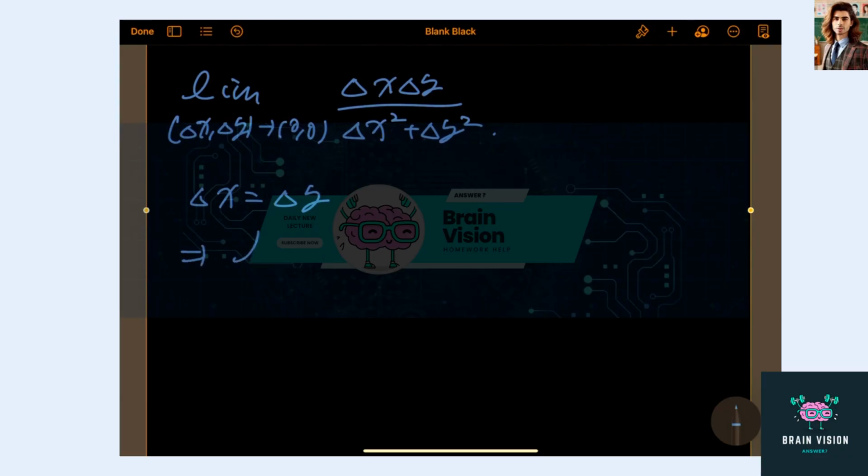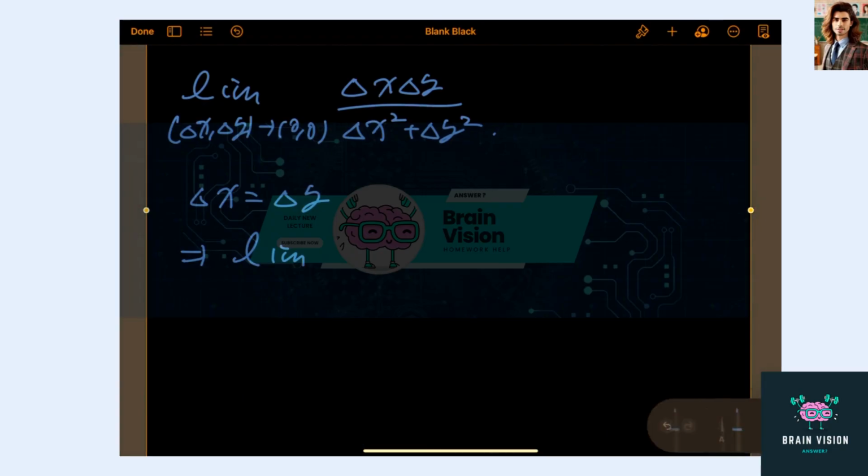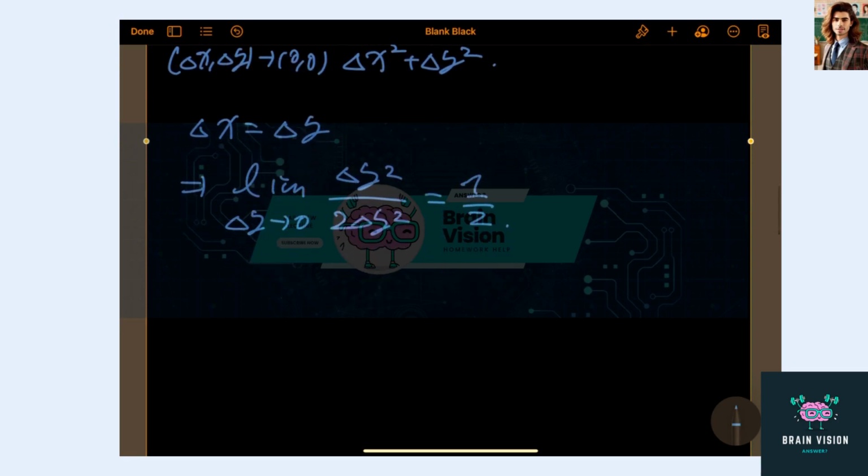That implies that the limit as delta y approaches 0 of delta y squared over 2 delta y squared is equal to 1 over 2. And then the next path I'm going to take is delta x equals negative delta y.